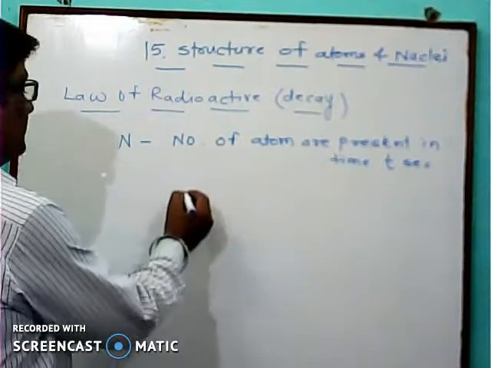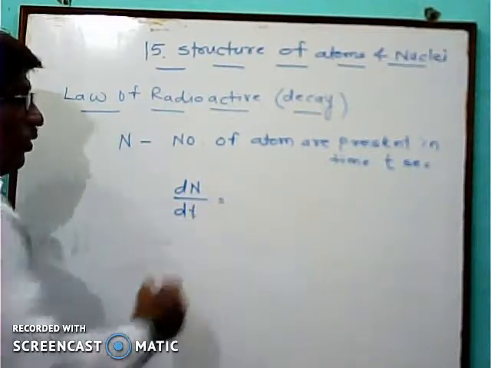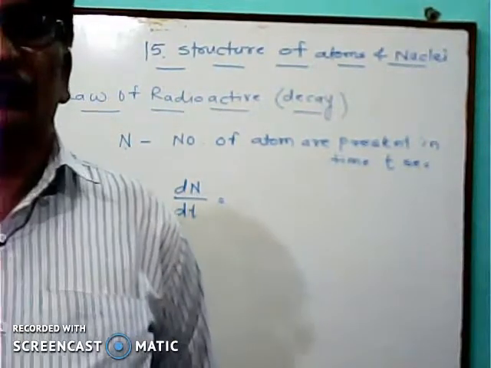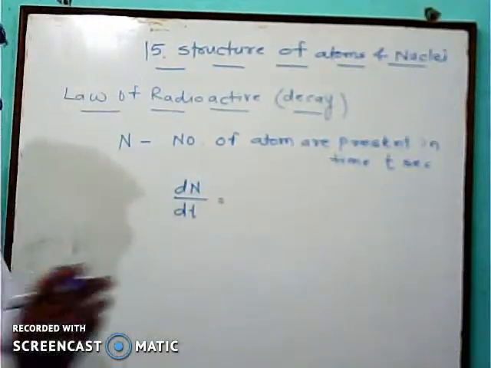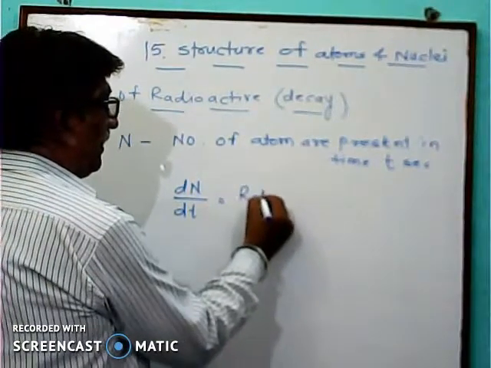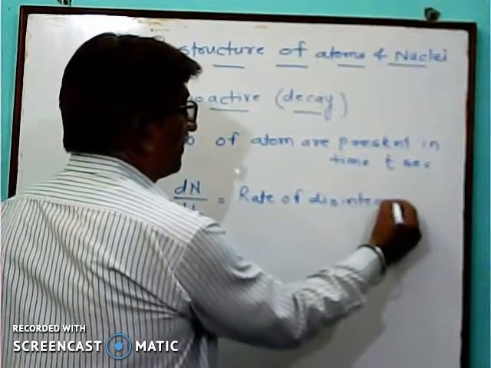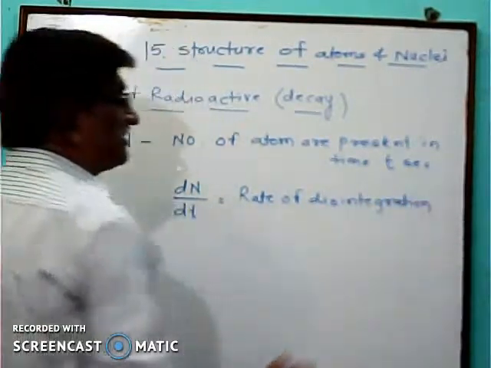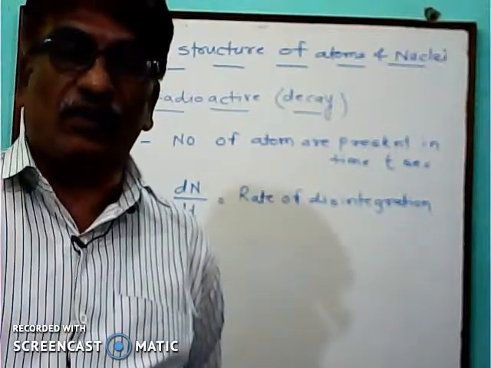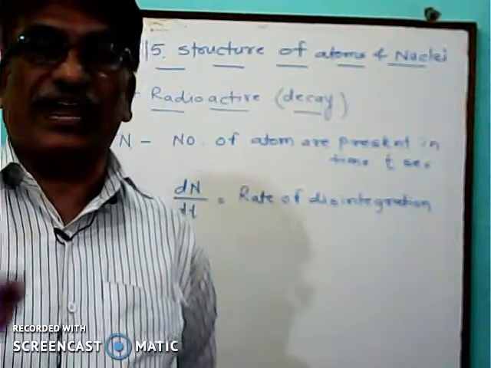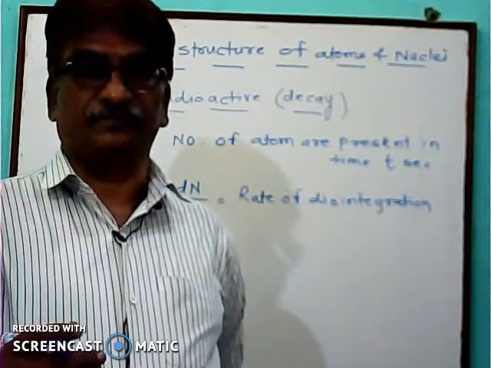Then there is a term dN upon dt, which we say is the rate of disintegration, or sometimes the rate of number of atoms disintegrated per second.